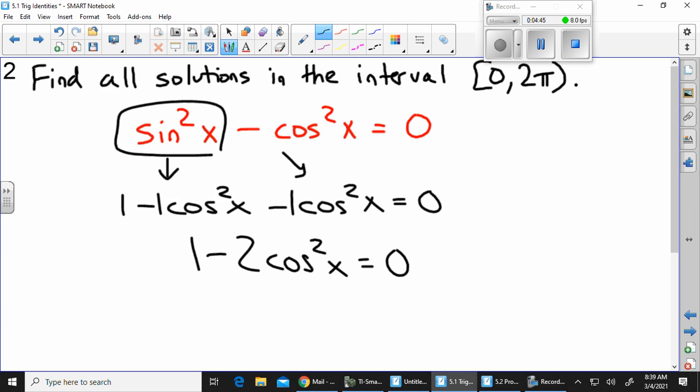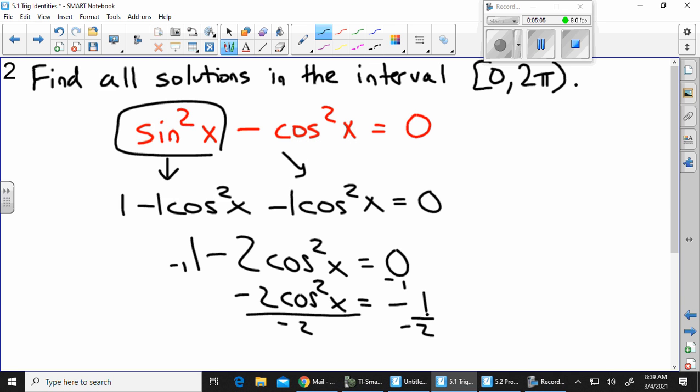Well, if you think of what do you do when you just have an x squared? You get x squared on a side by itself and you square root. So that's what I'm going to do. I'm going to subtract 1, divide by negative 2.